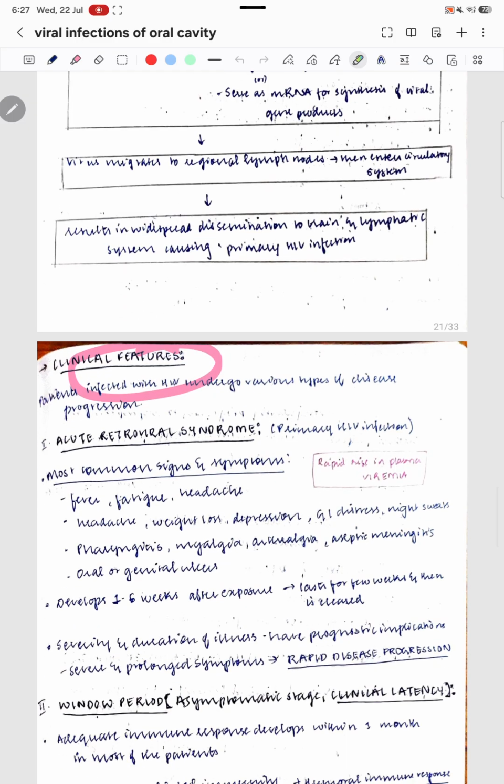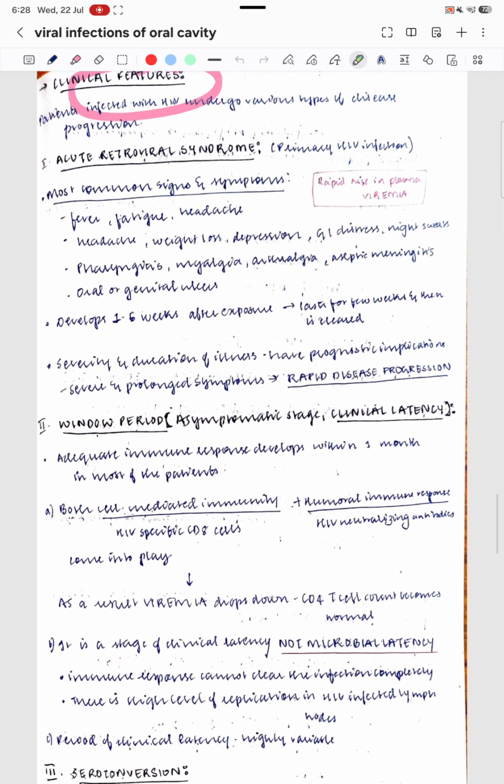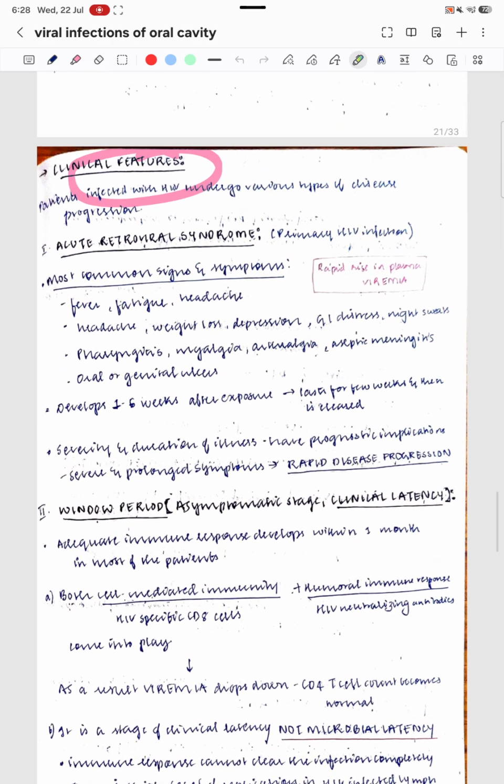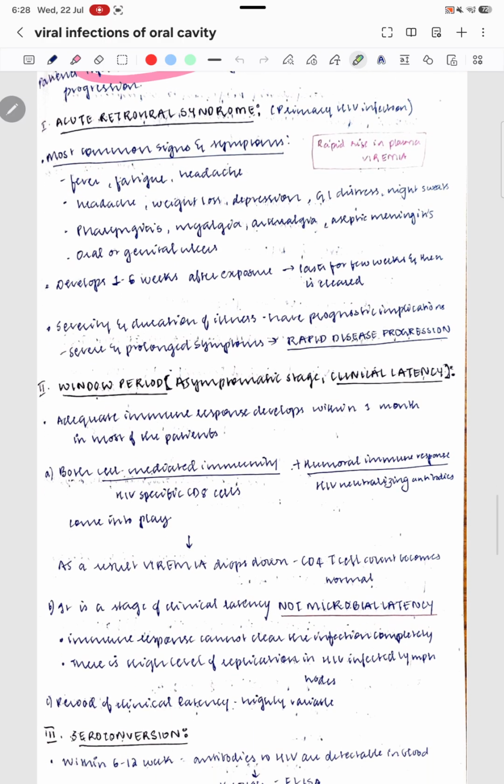Okay, so coming to the clinical features, we discussed these in the part 1 video: acute retroviral syndrome. This is a type of clinical presentation which comes with fever, fatigue, headache, weight loss, depression, GI distress, pharyngitis, and it eventually decreases.